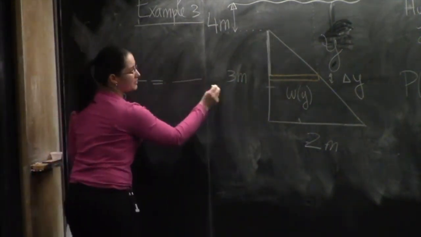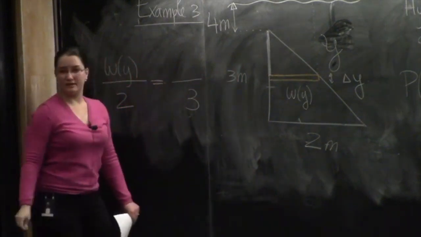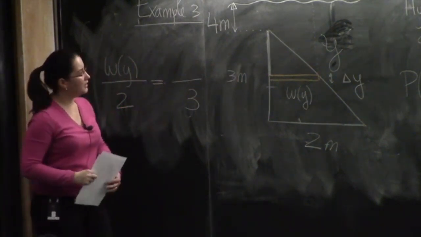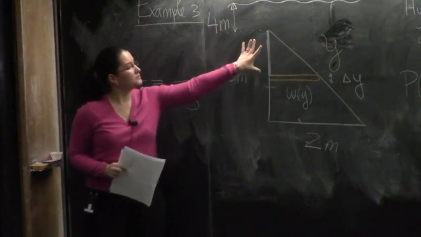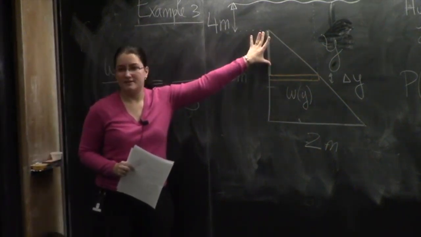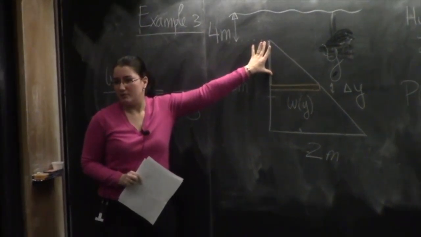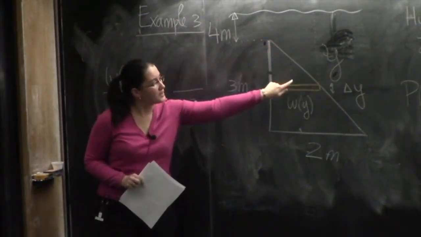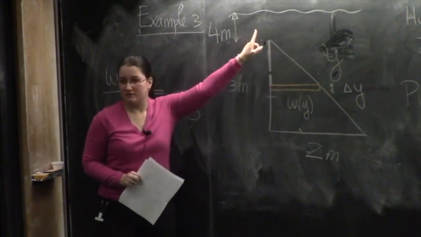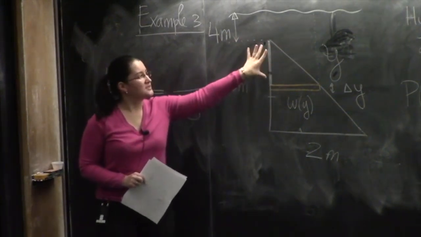So over here I'm going to write 3, the length of the vertical side of the triangle, but on top I need to put the length of this line segment from here to here. And now this is no longer going to be y, because y is the distance from here all the way to the top. So it's going to be something different.